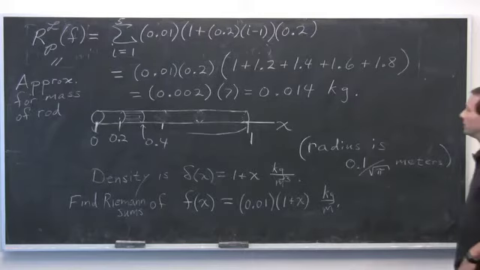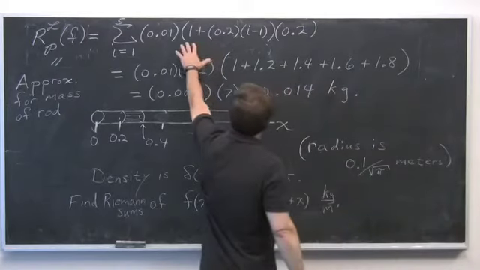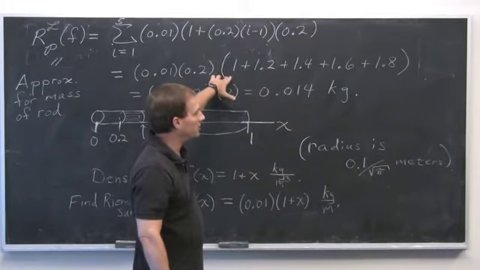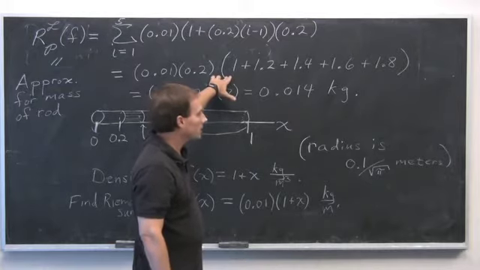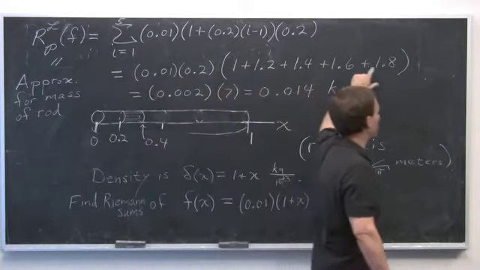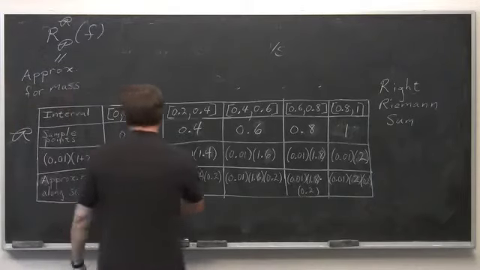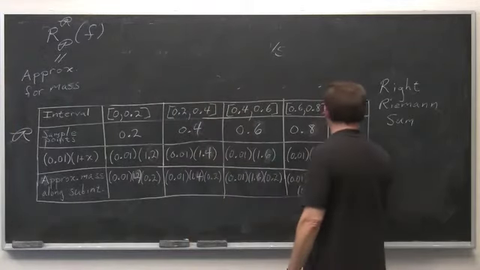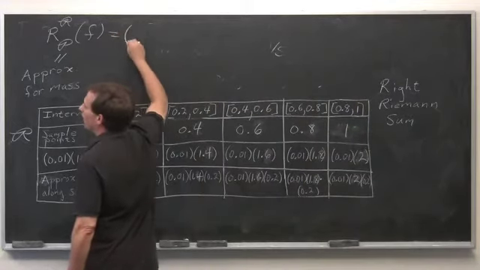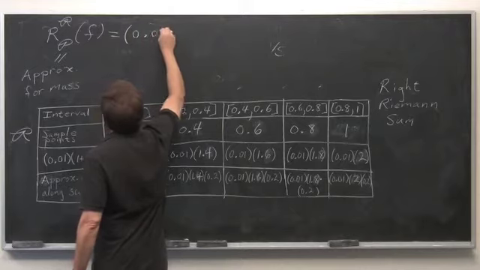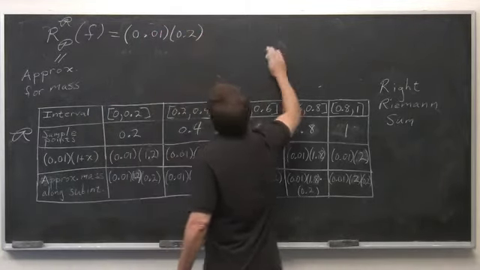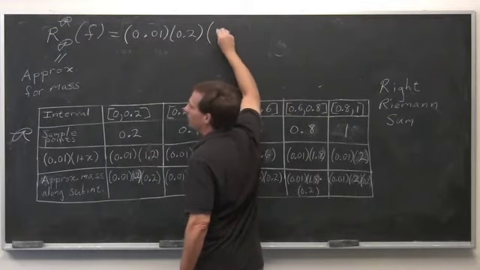Well, you can see what happens. Here we had this, which is the same as this, but all that's shifted now is that instead of 1, 1.2, 1.4, 1.6, and 1.8, we'll have 1.2, 1.4, 1.6, 1.8, and 2. So we get 0.01, we still get times 0.2, but these things have shifted over.